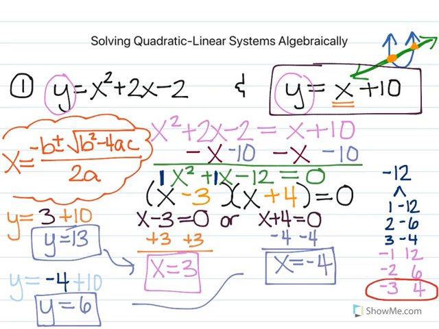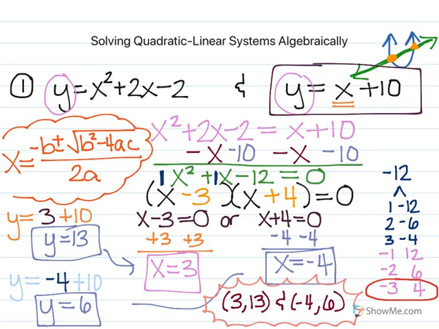So your final answer, I know this is a lot of work, but your final answer needs to be written as ordered pairs. So your answer should be (3, 13) and (-4, 6). And those are your 2 ordered pairs where the functions are going to intersect.